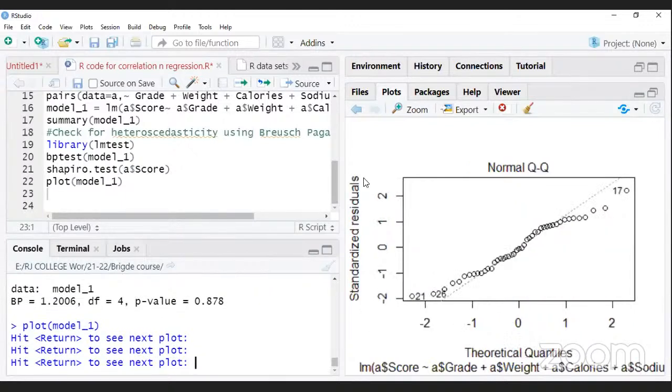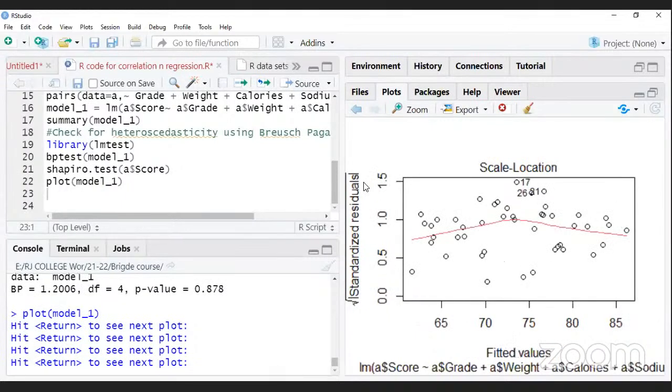There's another plot, studentized residual, to see whether your data will be normal or not. As I told, almost all the data is normal, but some points are very far away, like number 17, number 26 and 21. So this is another way of checking that. Then there is a studentized location plot.